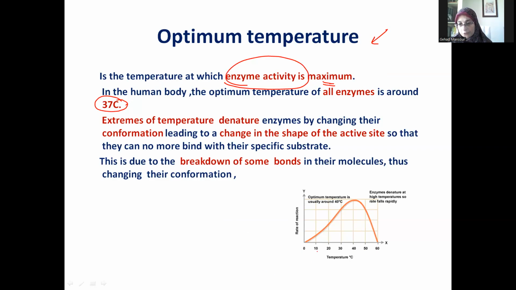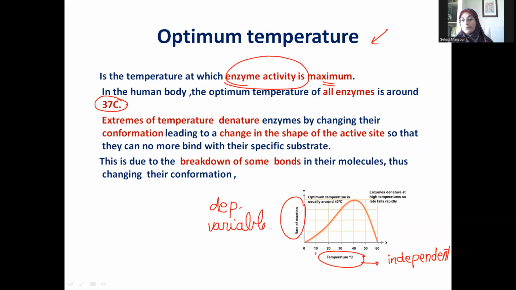Here, this curve shows you the relationship between the temperature, which is the independent variable, and enzyme activity. We always put the independent variable on the x-axis, as you know from your study in middle school, and we put the dependent variable on the y-axis.